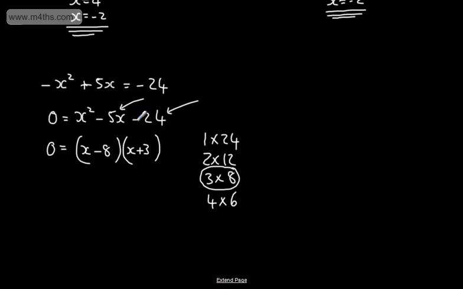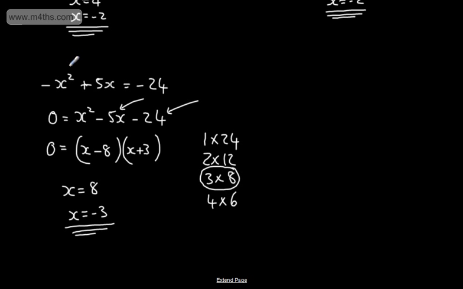We can see with this negative we're going to have one positive and one negative. If it was positive, we'd either have two negatives or two positives. So from here we can say that x would be equal to 8 or x would be equal to negative 3. Do check that these answers work.